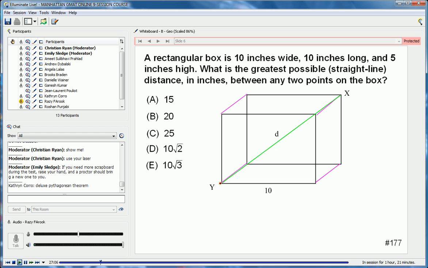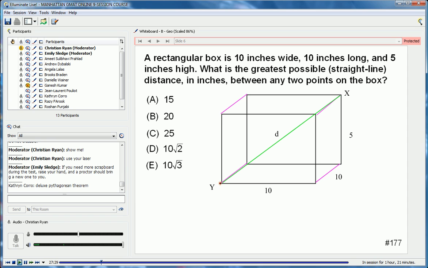And then we just solve for d, which ends up being d squared equals 225, and d equals 15. What do y'all think? Smiley face, confused face if you didn't totally follow.